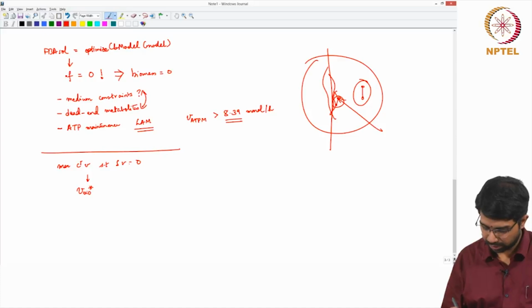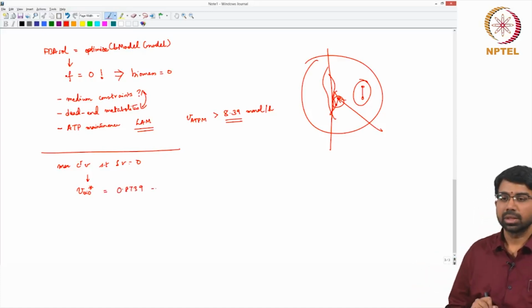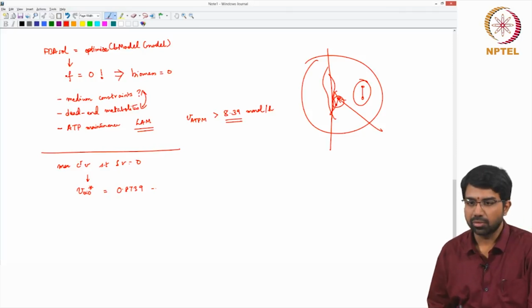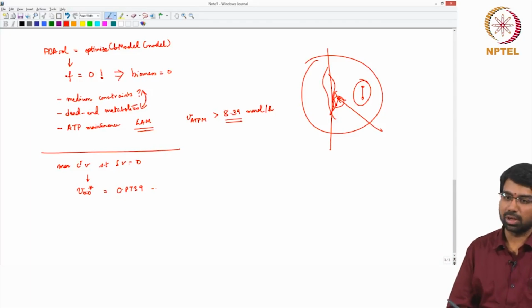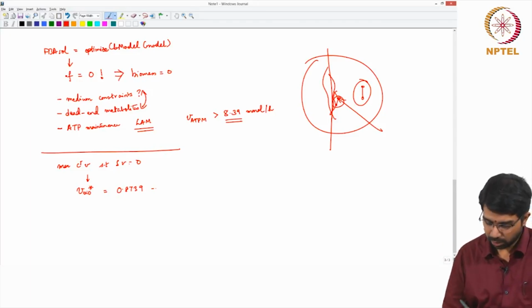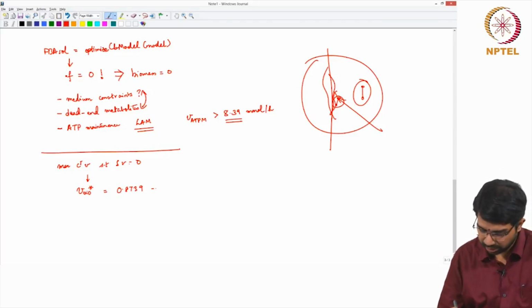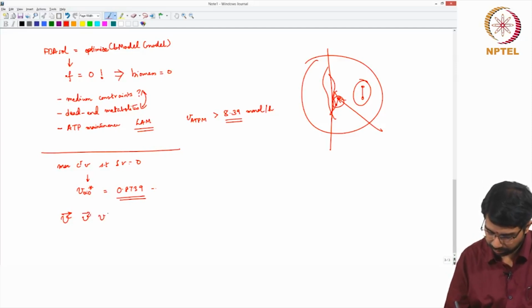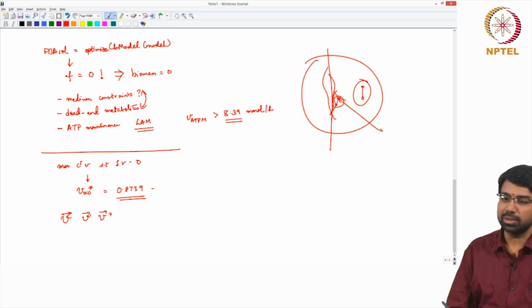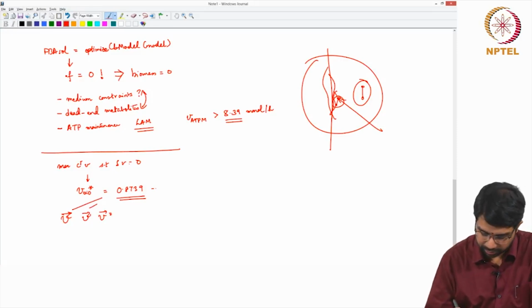This is the growth rate, let us say 0.8739 in some units, that we saw earlier for the E. coli model. Now if you used a different solver, what you are guaranteed to get is the same value for V bio star, but the V vector itself could be anything. You could have multiple V vectors that give the same growth rate.